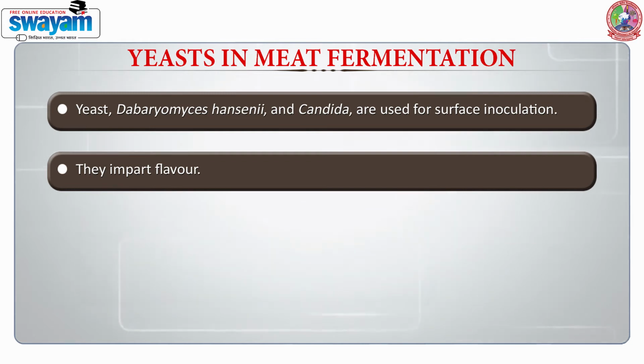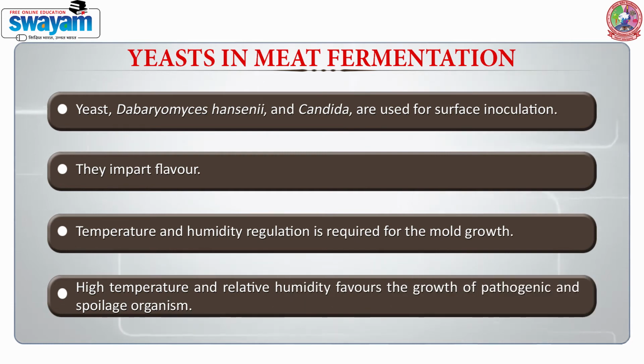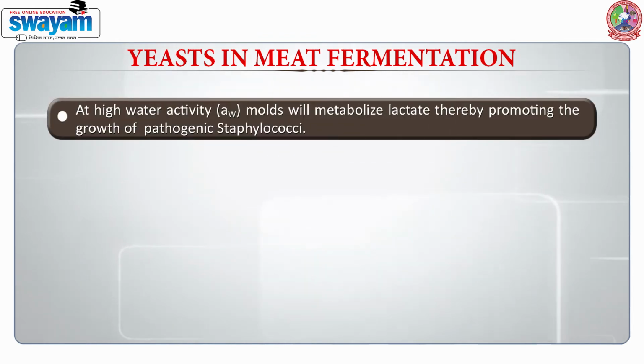There are certain physical parameters, like temperature and humidity, which need to be regulated for the optimum growth of the mold. A high temperature and relative humidity favor the growth of pathogenic and spoilage microorganisms. At high water activity, the molds will metabolize the lactate, and therefore they will promote the growth of pathogenic organisms like staphylococci.